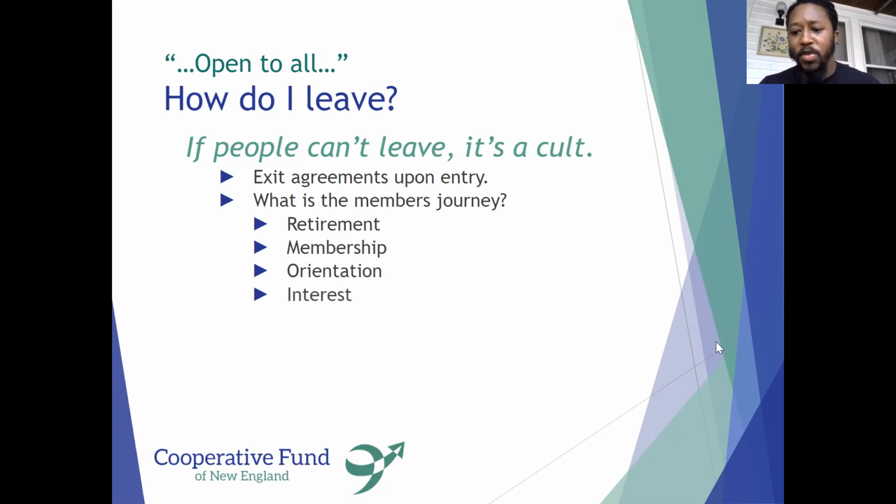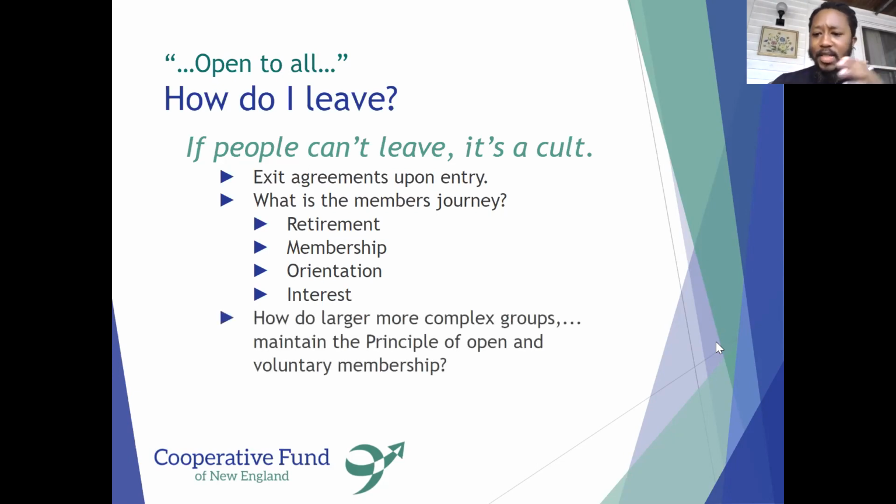And before that, there was interest. So how are we engaging the potential member or member at each point? How are they transitioning? How do we address the needs inherent in each stage of this, right? And how do we create agreements that make it very clear what this process is supposed to be like? How do we create the ideal journey? So this is where your tools, practices, and structures come in for this principle.